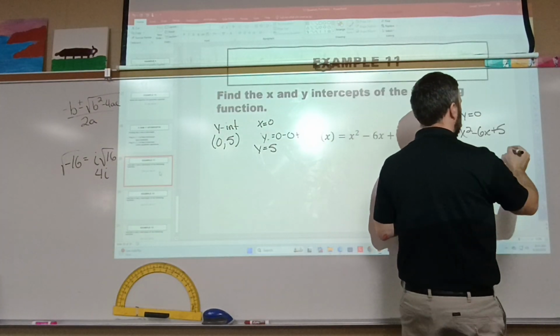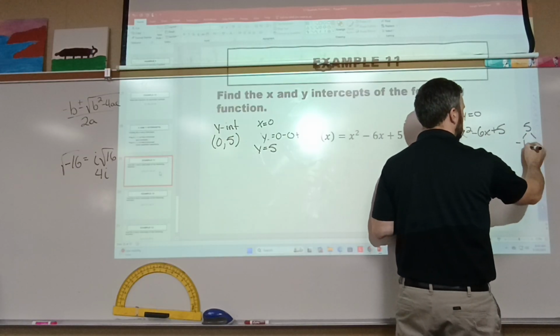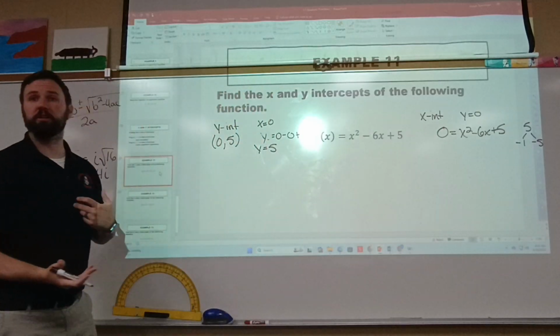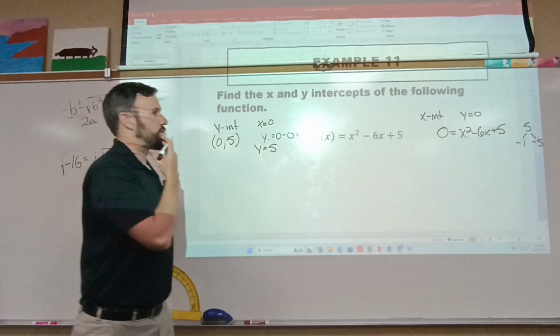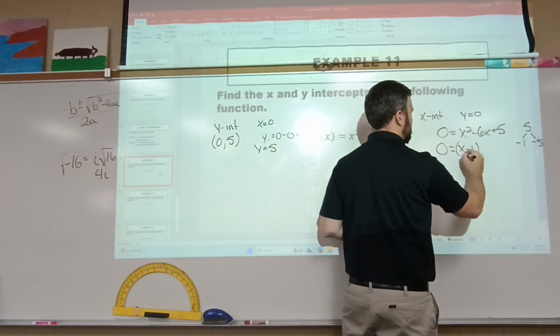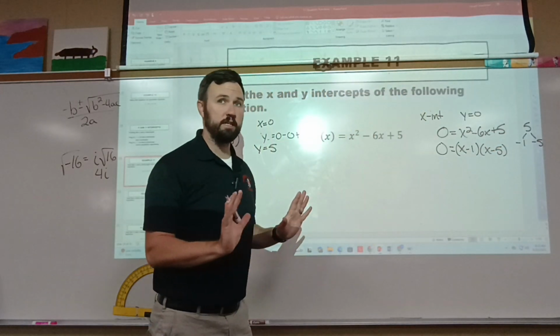If you want to know how to factor, you can look back. But, oh, this is negative, so they both have to be negative if the middle term's negative. So 0 equals x minus 1 times x minus 5. Do you guys agree on that factoring?